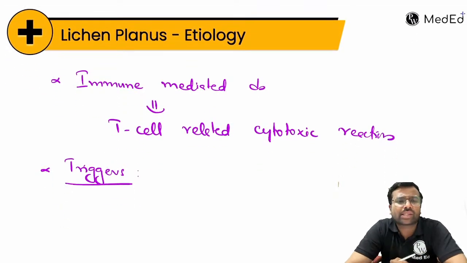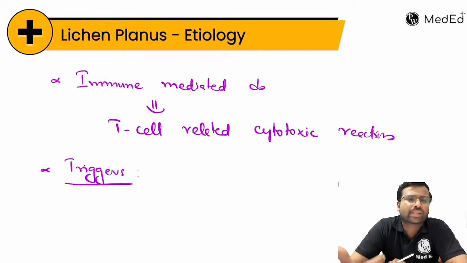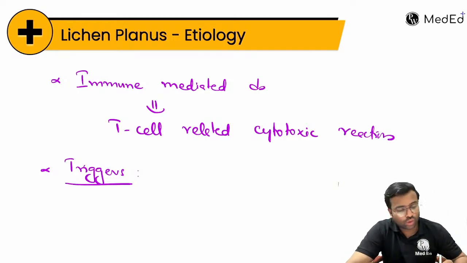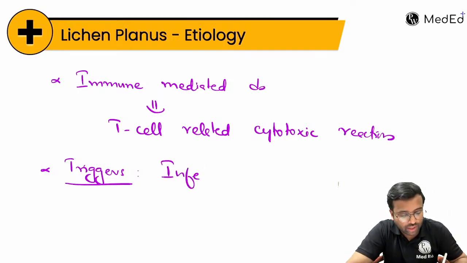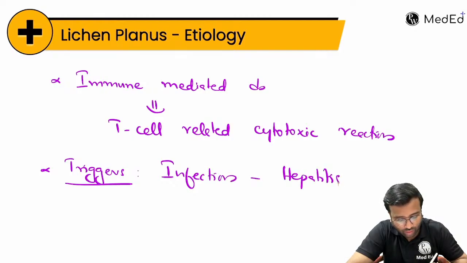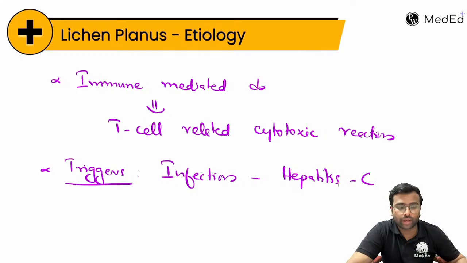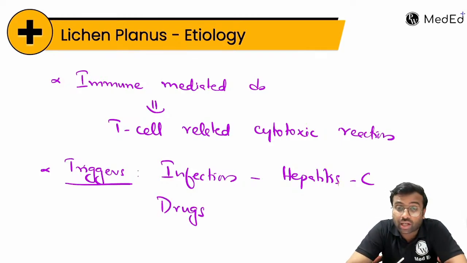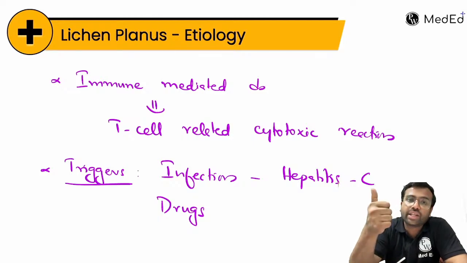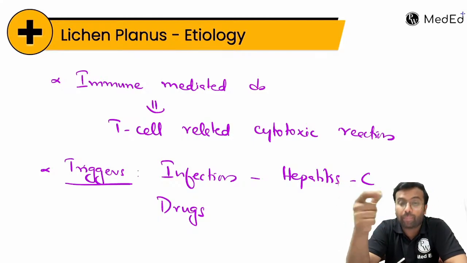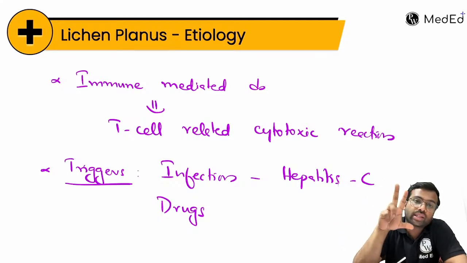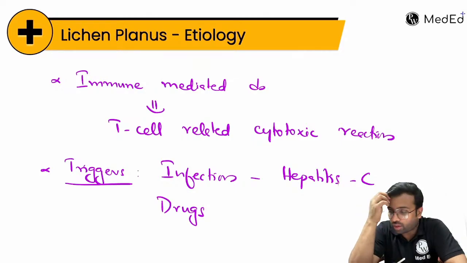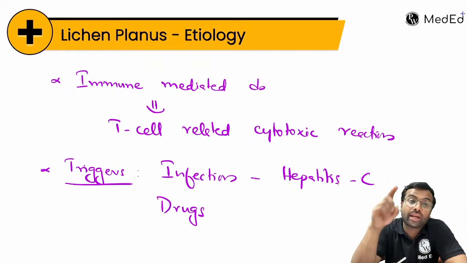A trigger can be some infection, a trigger can be some drugs, etc. So here, please mention that the trigger can be an infection like hepatitis C. Or this can be due to some drugs also, like a patient taking drugs such as NSAIDs, ACE inhibitors, beta blockers. So all these things can also be a trigger for lichen planus, or it can be dental amalgam.